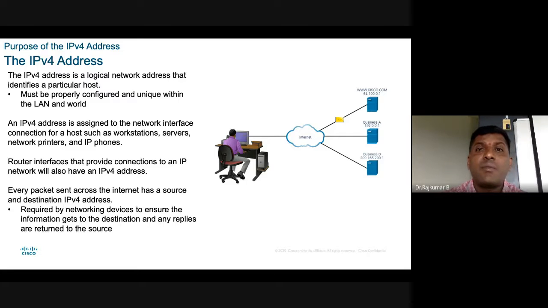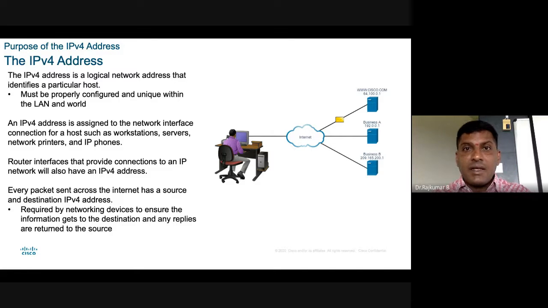Then in IP version 4, for what purpose do we use it, and what is its structure? What is its representation in binary and in decimal? How is decimal IP version 4 converted into binary, and how is binary IP version 4 converted into decimal?